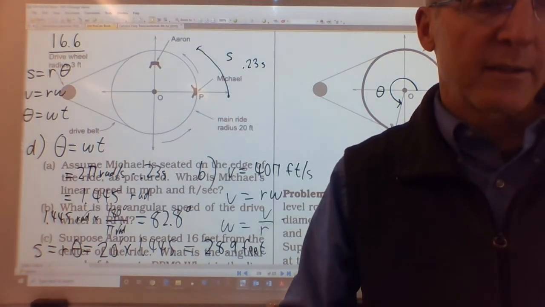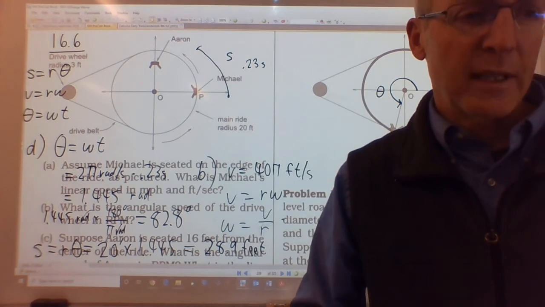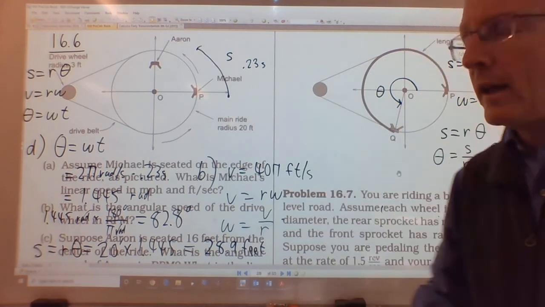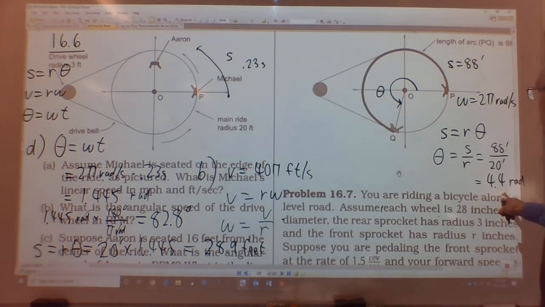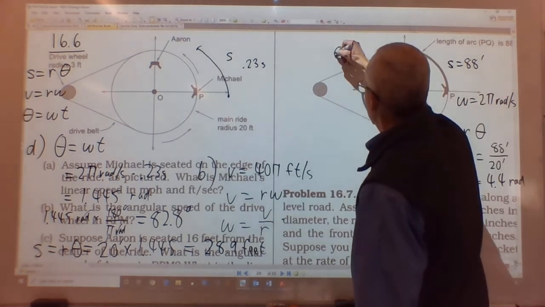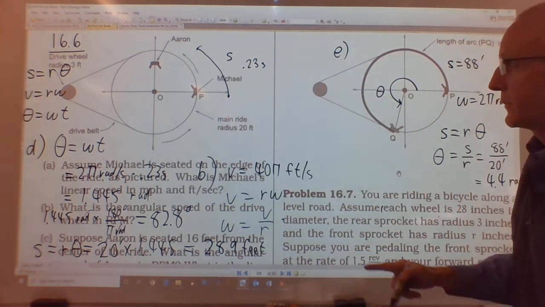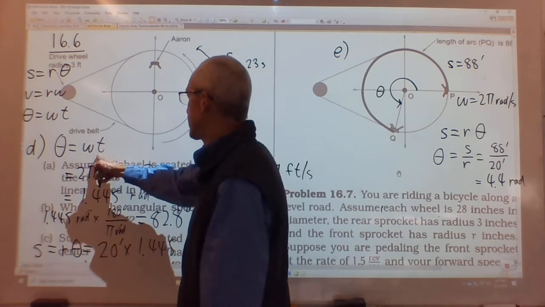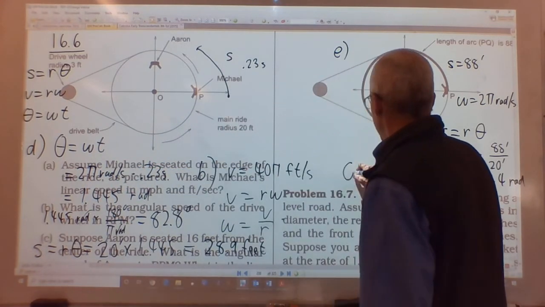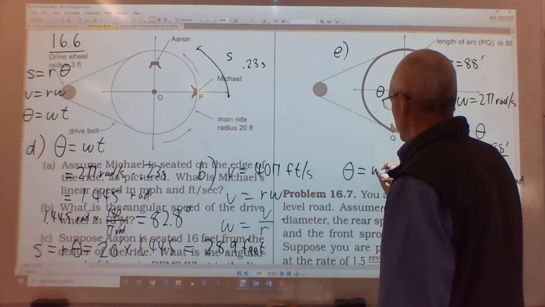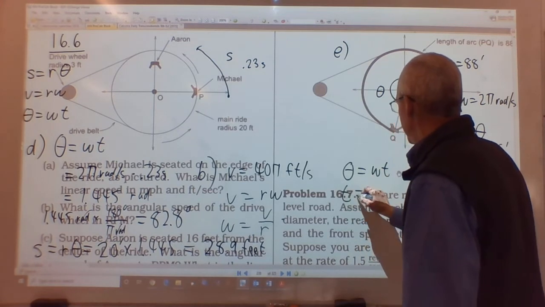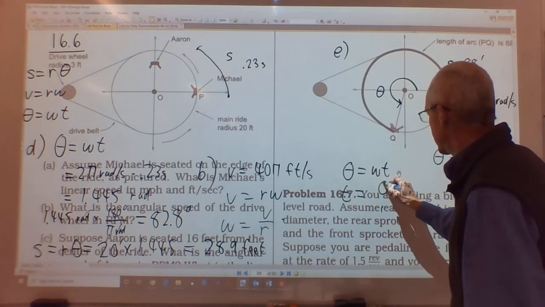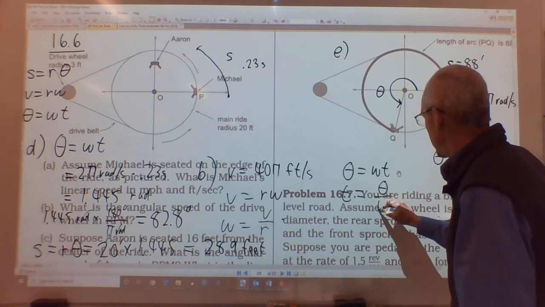That's one of the questions they asked, right? They asked that second, and we figured it out first. Oh well. And so this is part E. I'm doing part E. And now we can use this formula to figure out the time. So if theta is omega t, time is theta divided by omega.